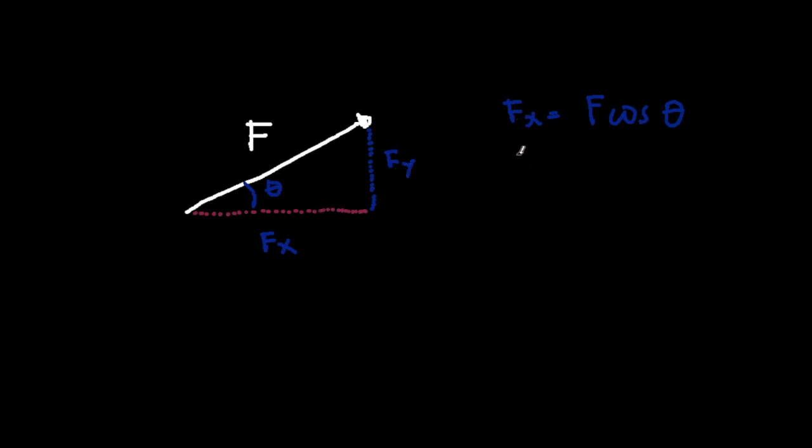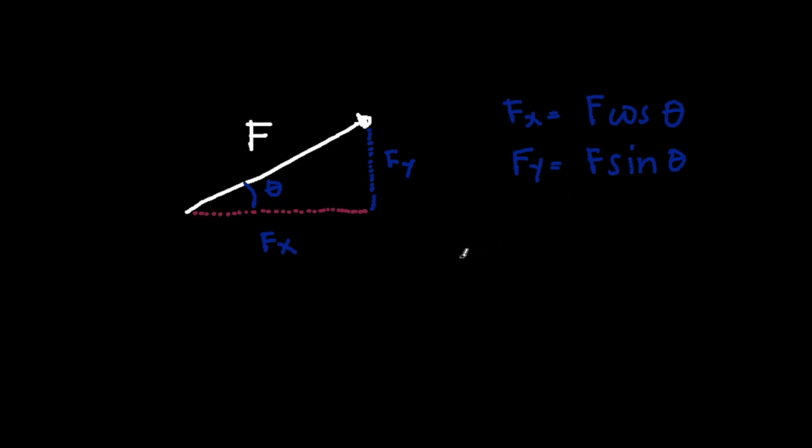And since F sub y is opposite of the angle, we use F sine theta. But sometimes x will use sine and y will use cosine depending on the reference angle. But just bear in mind that if it's opposite of the angle, you should use sine, and if you want to get the component which is adjacent to the angle, you should use cosine. But usually it's these two.